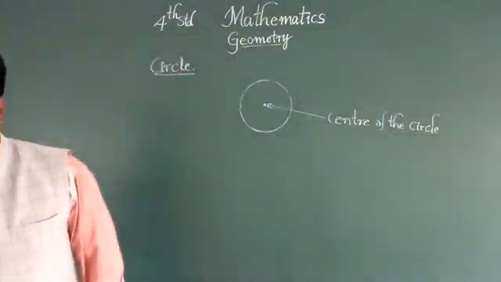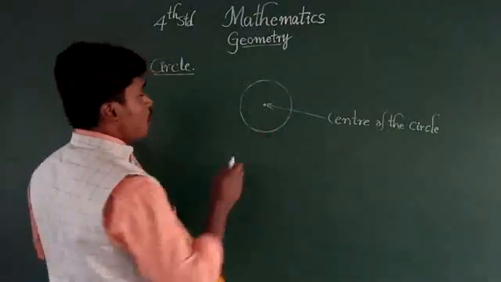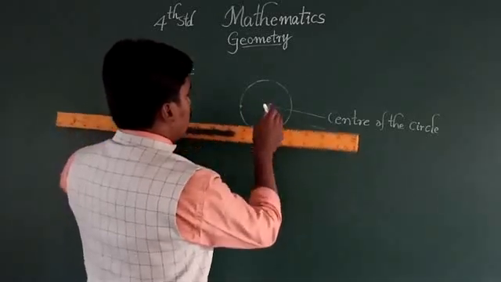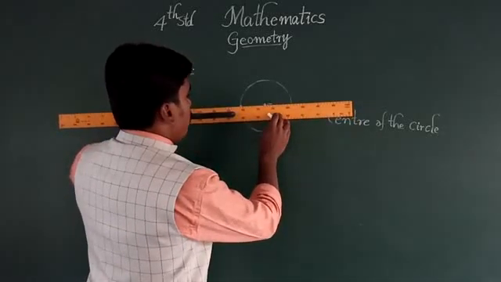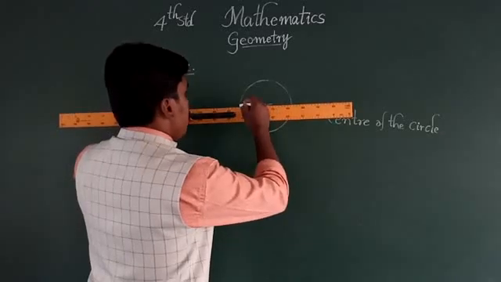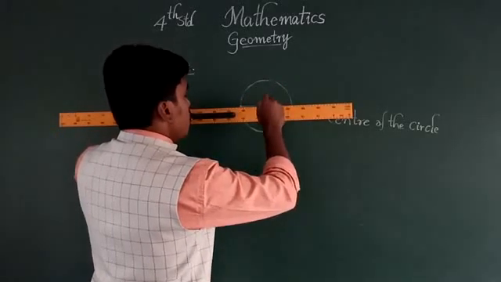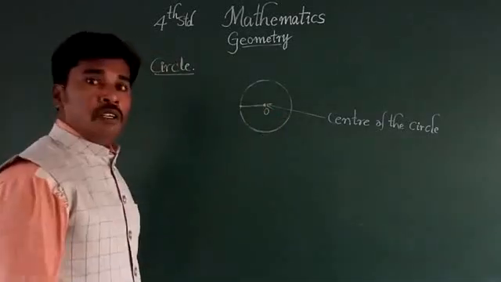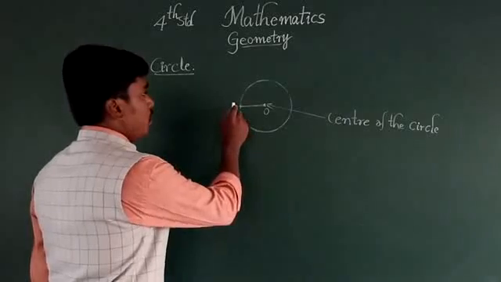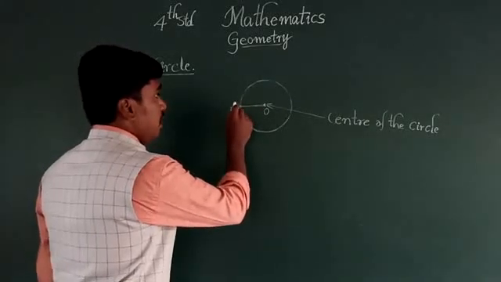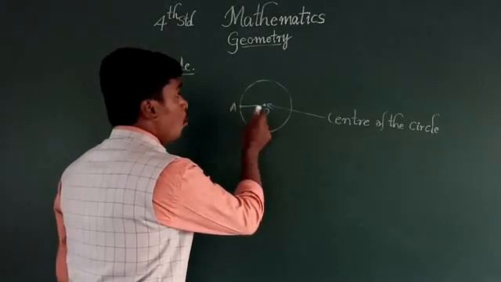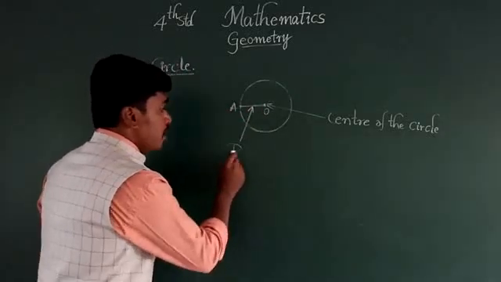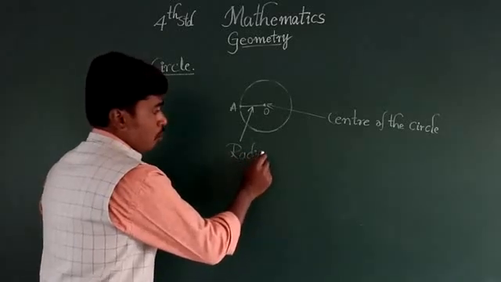Suppose you want to join any point on the circle to the center of the circle. So now I am joining the center of the circle, which we consider as O, and this point on the circle is A. Then the length OA is called the radius.